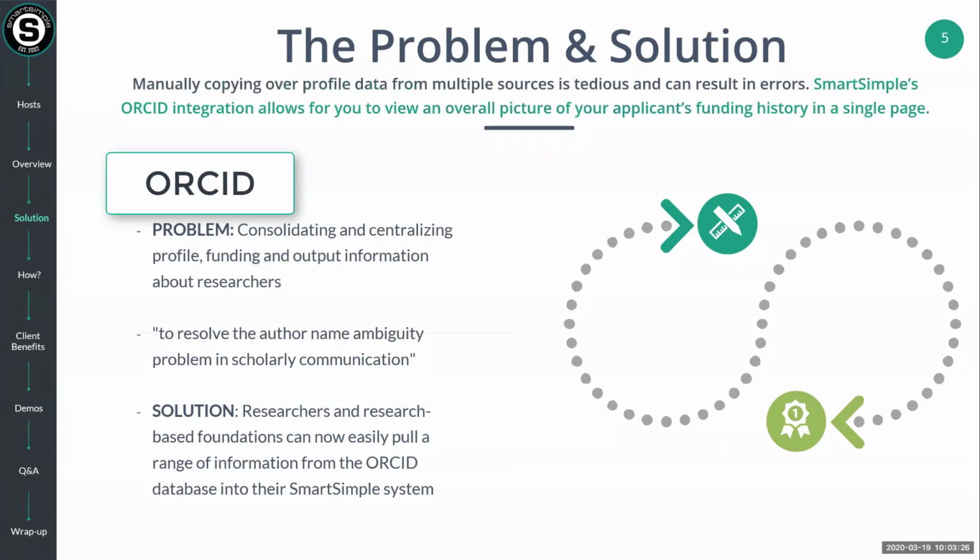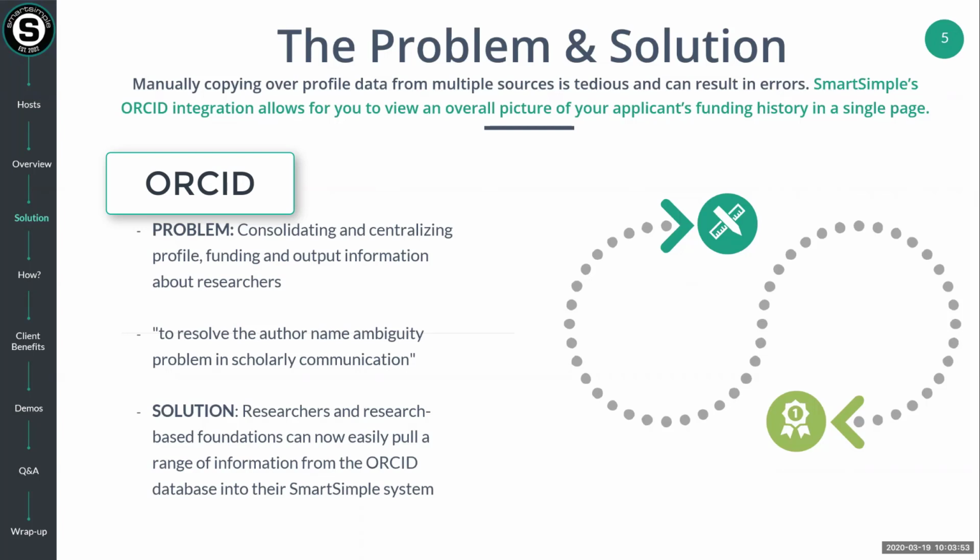So what we have done is integrated with the ORCID platform so that it's easier to pass information back and forth between your users in your SmartSimple instance and the ORCID database where their master profile might live.